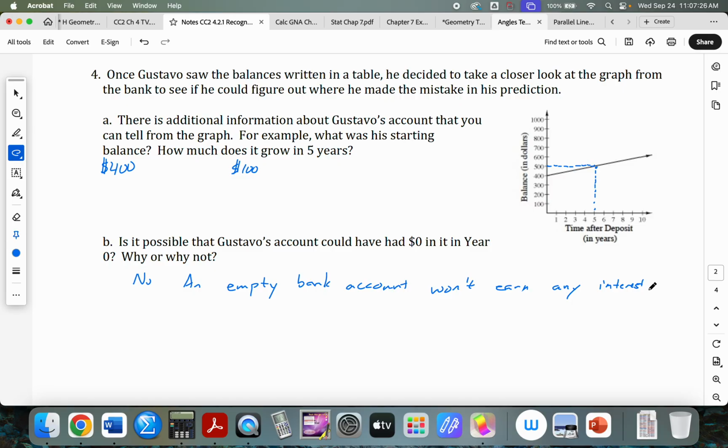So really, this is more like a situation where Gustavo's grandmother could have given him $400 to start and then just give him $20 every year. It's not really how banks do business.